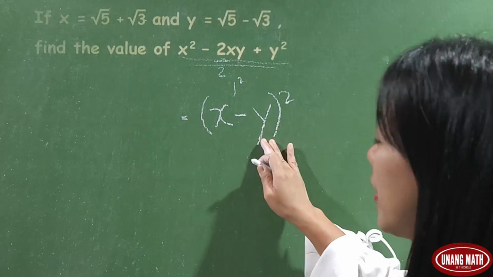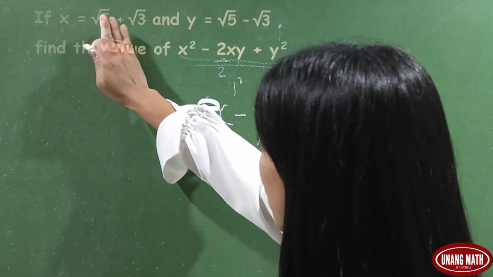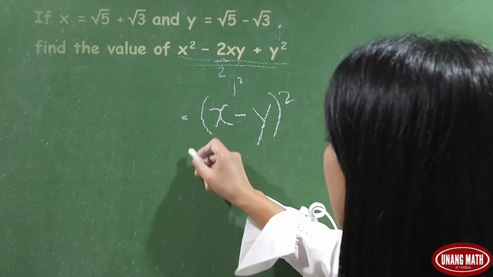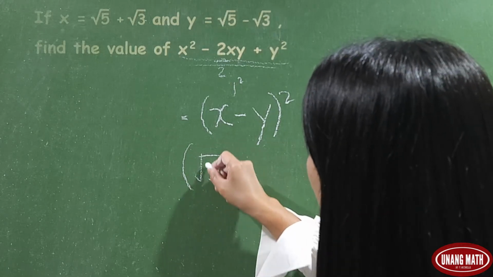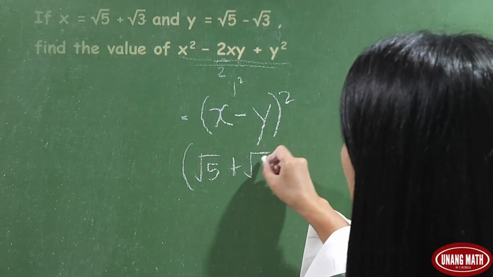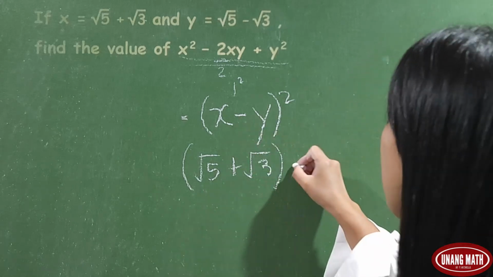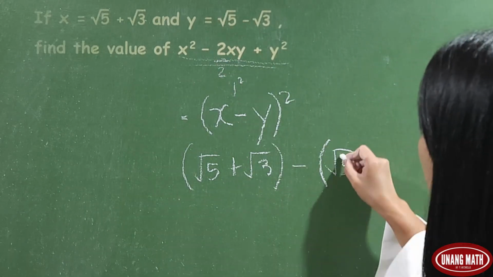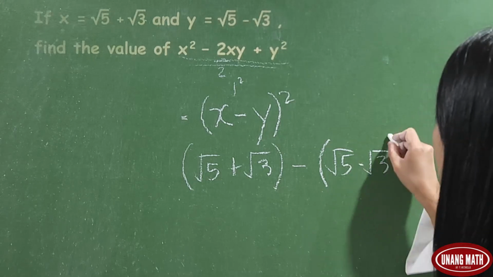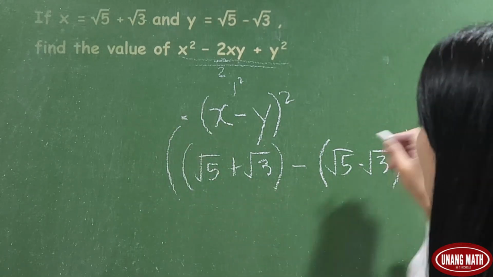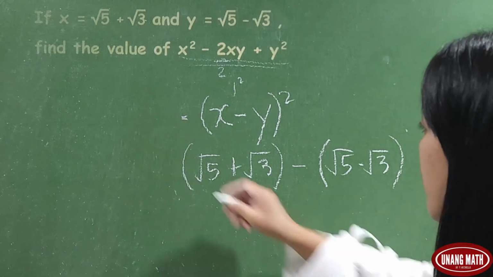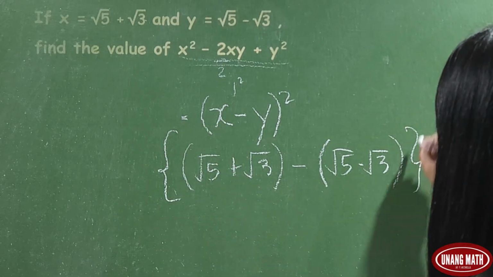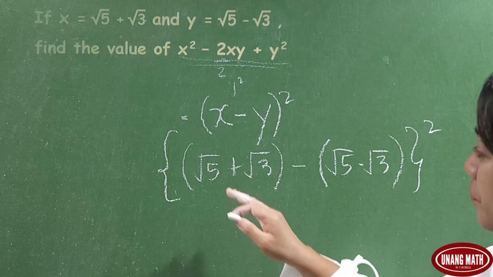Okay, let's substitute now. We know that x is square root of 5 plus square root of 3. So this is square root of 5 plus square root of 3 minus y, which is square root of 5 minus square root of 3. Take note, this is squared.